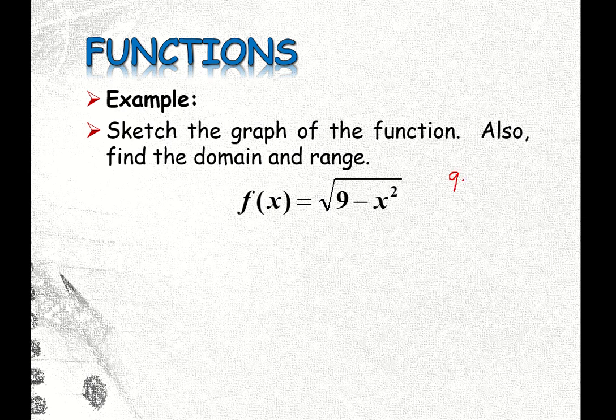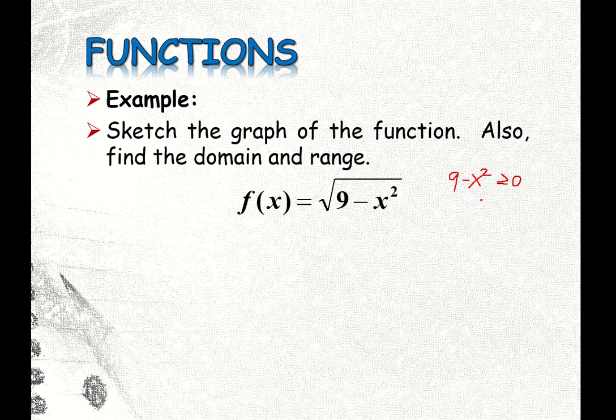So 9 minus x squared. From the concept that was discussed, it must be greater than or equal to 0. Okay, now our goal here is to find the value of x.